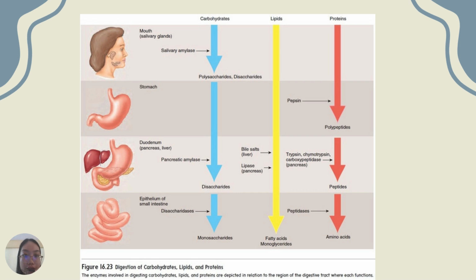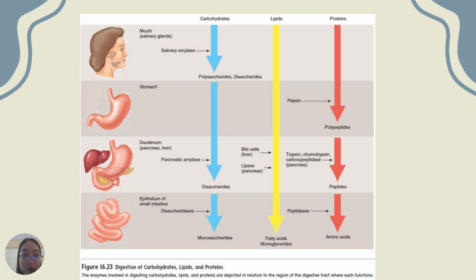Next, we have lipid. Lipid will go through the mouth, stomach, and duodenum, and will be digested by bile salts from the liver and lipase from the pancreas, and will go through the small intestine to become fatty acids and monoglycerides.